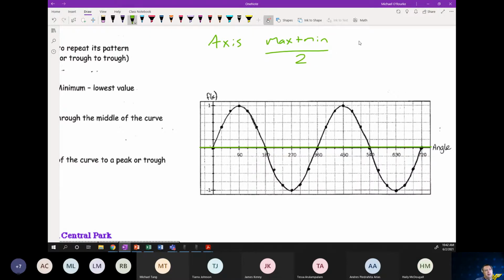So our max number is 1, our min number is -1, divide by 2, which equals 0 divided by 2, which equals 0. So that means along the 0 of the y-axis is our axis of the curve. Okay? Does that make sense, everybody? So essentially, it's the middle of our curve.